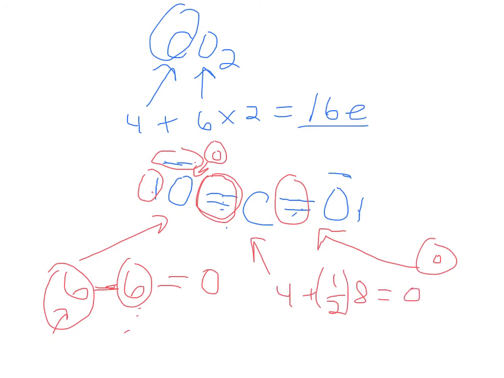Now, if I wanted to look at other ways to draw this with 16 electrons and still have a complete octet for everyone, I'm just going to make some space up here.